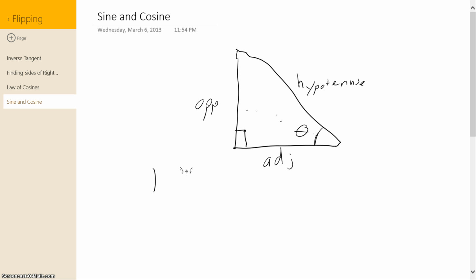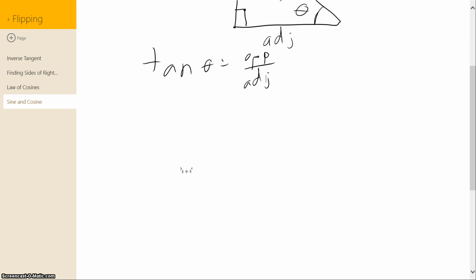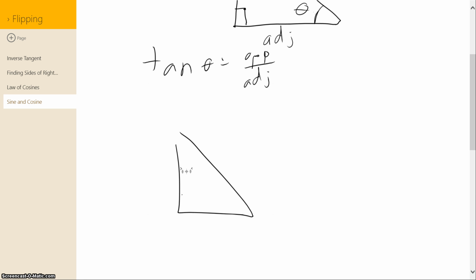And we've been able to use the fact that tangent of theta equals our opposite over our adjacent to solve a lot of problems. But what happens when we've got something like this? We've got another wonderful right triangle right here. And I know that this guy is, let's say, 7.